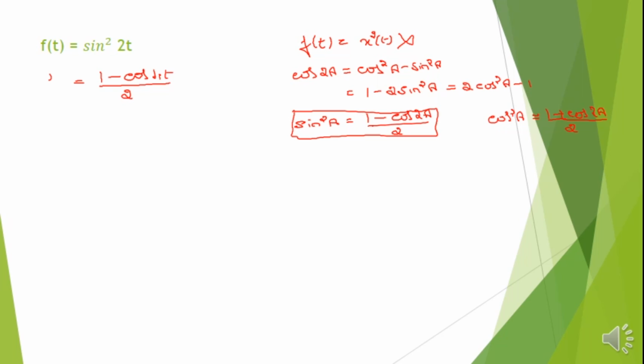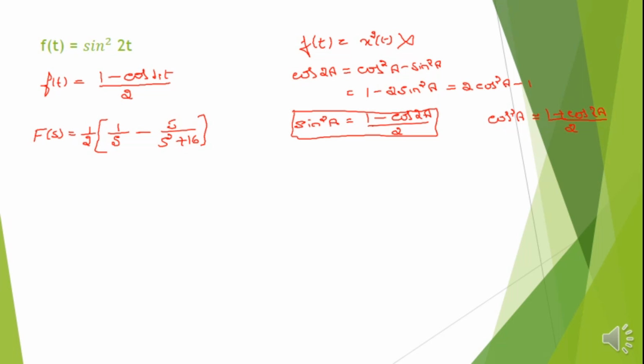So f of t equals 1 minus cos 4t by 2. So F of s equals half, a constant, once again using the linearity property, 1 by s minus s by s square plus 16.